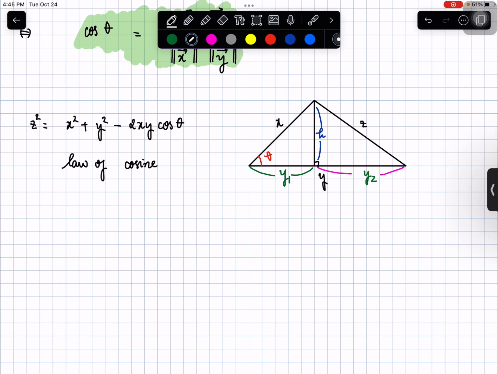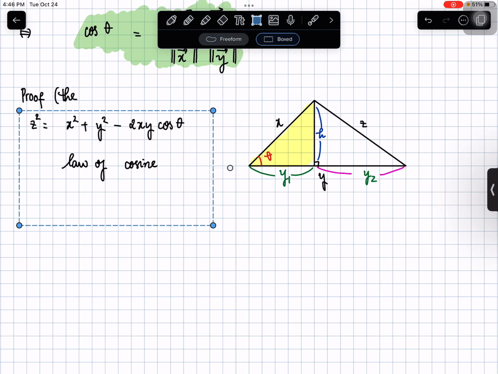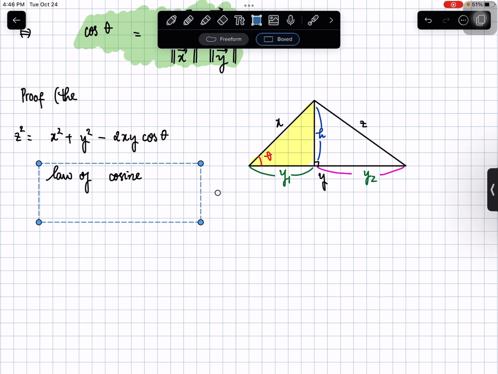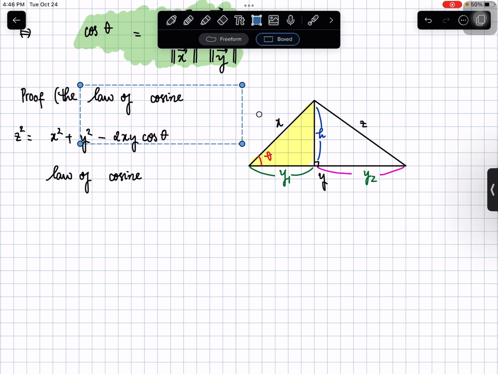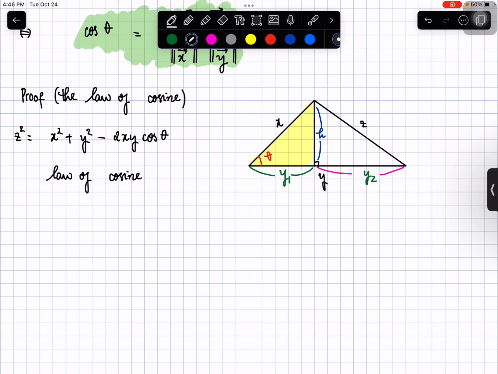So we have for the first triangle, the yellow triangle, we need to compute.